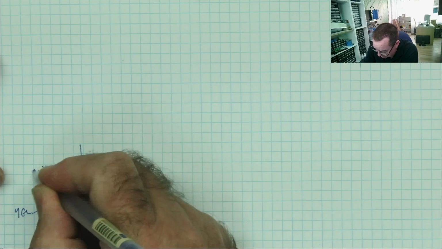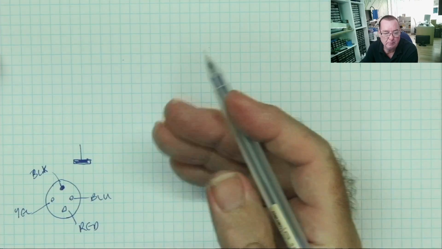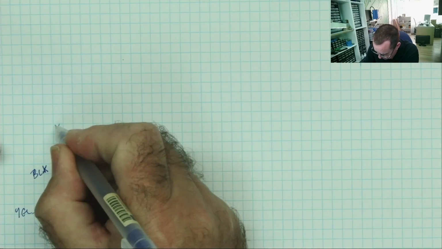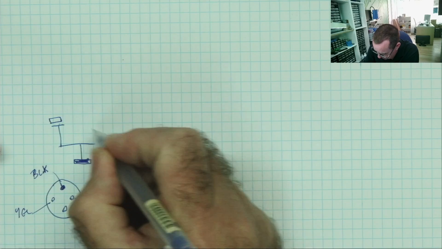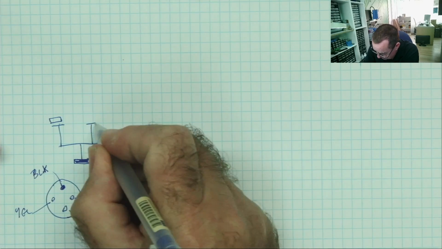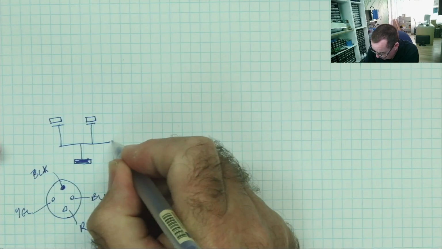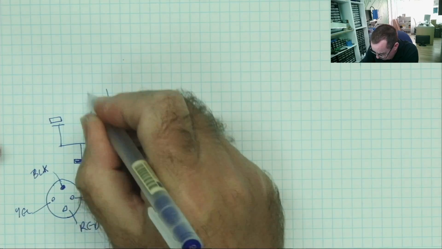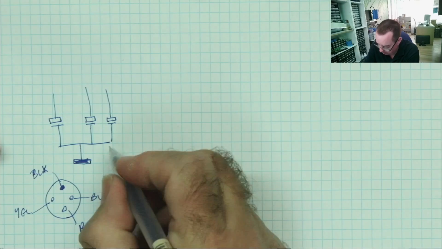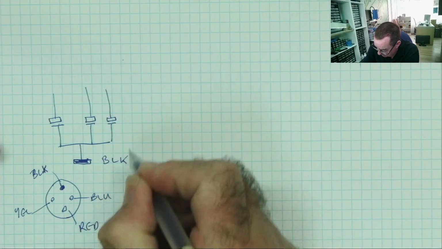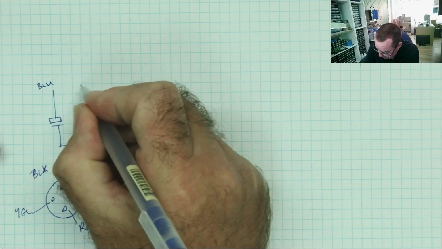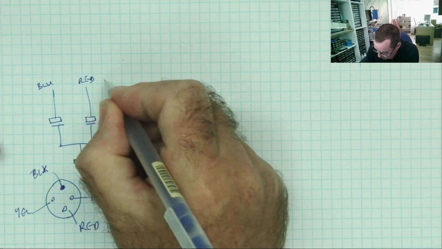And inside, as I say, effectively are maybe 3 capacitors. So the capacitors would be connected like this, effectively inside it. And this will go to this black terminal. And then these will be your various other colours, blue, red, yellow.